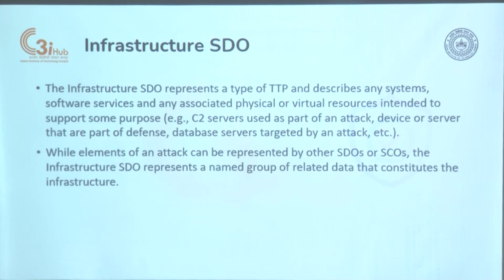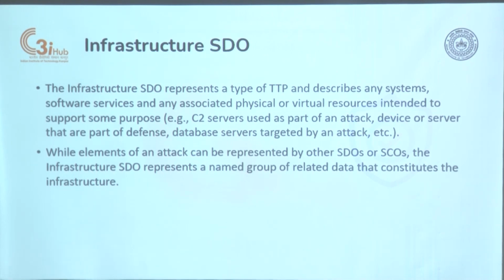So then there could be infrastructure information you can get. For example, when you know that a threat actor uses a particular C2, the command and control infrastructure, and you know more information about that infrastructure, you can put that in an infrastructure object. It is not necessarily a C2 server, it can be some device which is part of their infrastructure, a database, or maybe what targets are being targeted.